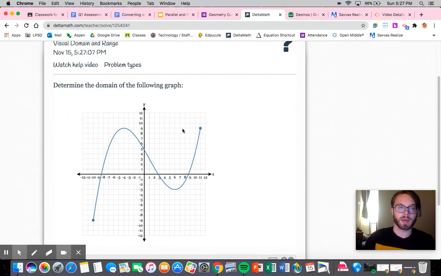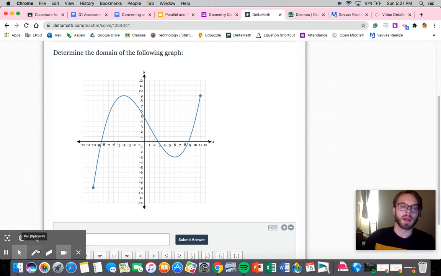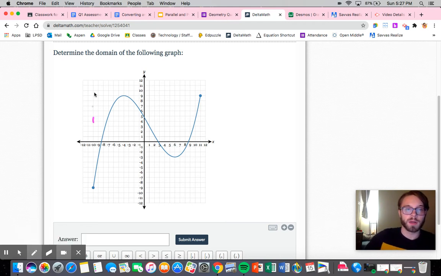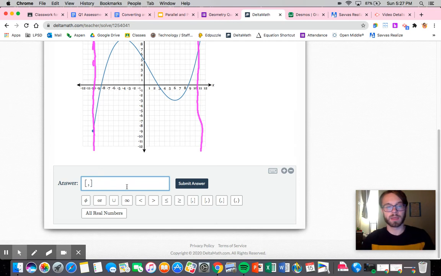Last one. Okay, domain. We'll do this one. All right, so again, we're going from the leftmost point to the rightmost point. So our domain minimum over to our domain maximum. So we go from -10 over to 11. Okay, again, you don't have to necessarily hit these buttons, but you can. -10 over to 11.